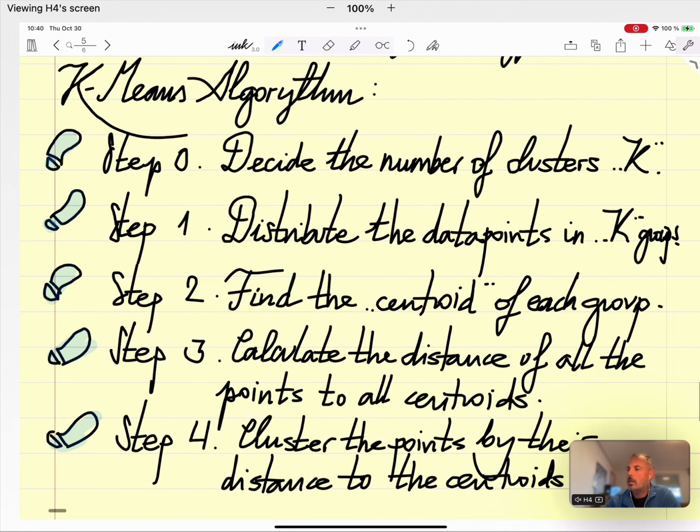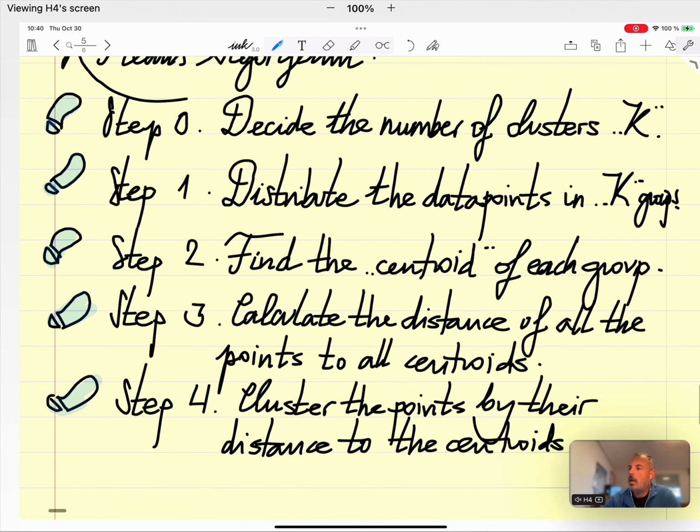Once this is done one first time, then we say we need to repeat from step 1 to step 4. Okay.